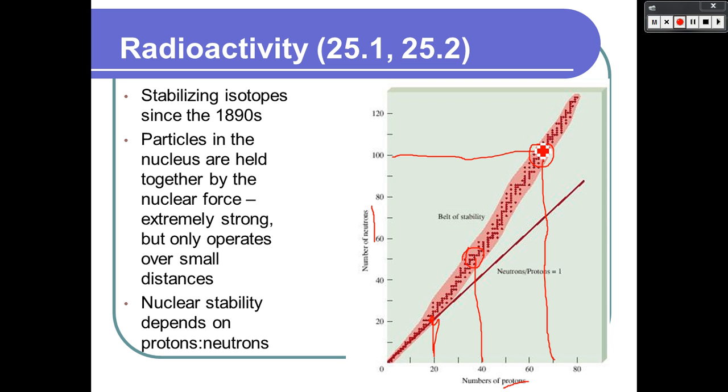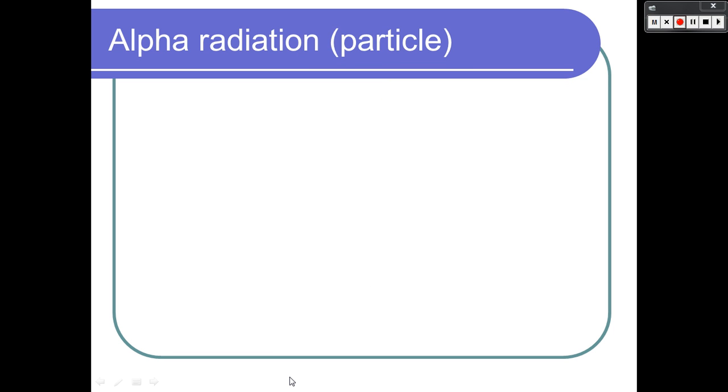The more protons you have, the larger the elements, the larger that ratio of neutrons to protons is going to be. And here they've got neutrons divided by protons, so depending on which way you put the ratio, it's going to be either larger or smaller. Again, this graph comes from your book as well, though it's slightly different in your book.